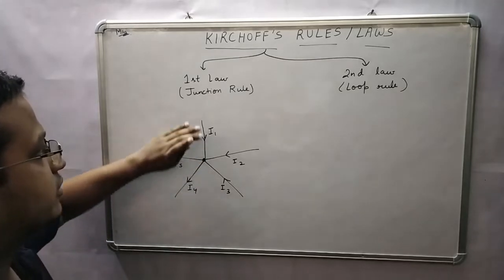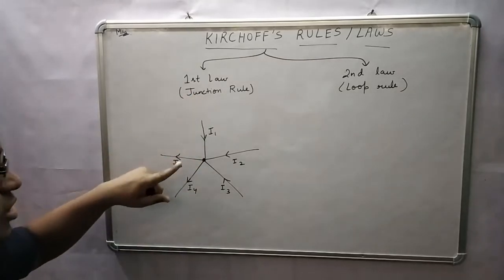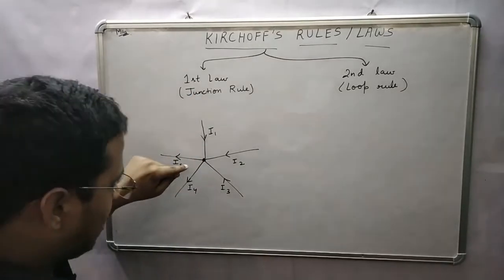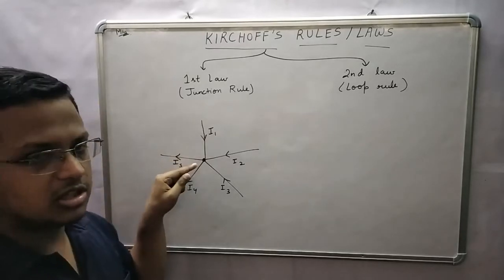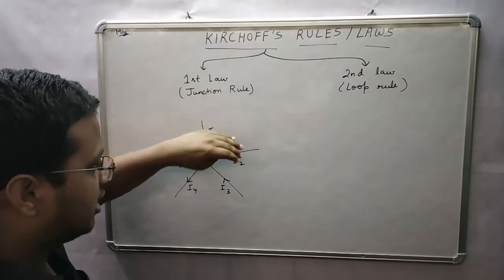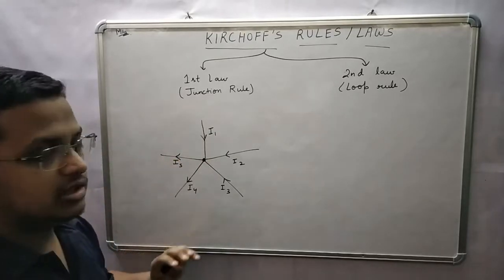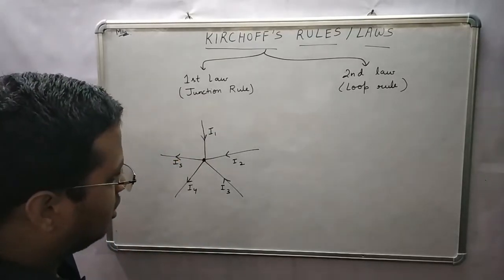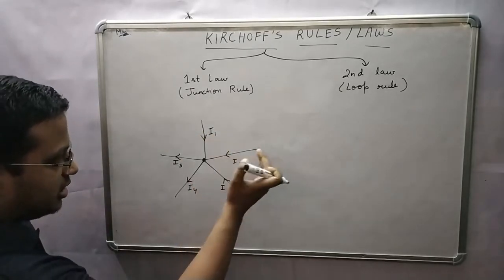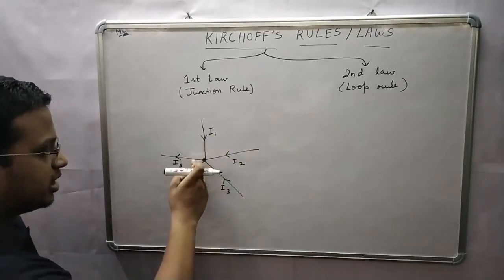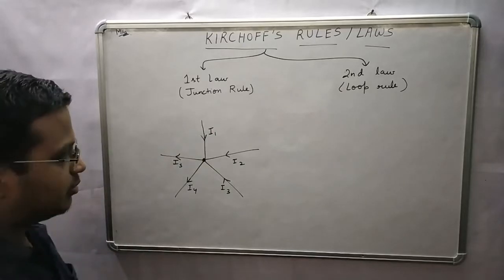So what does the first law say? The junction rule says that at a point or at a junction, the amount of current entering should be equal to the amount of current leaving the point, or the sum of all the currents entering the point should be equal to all the currents leaving the point.